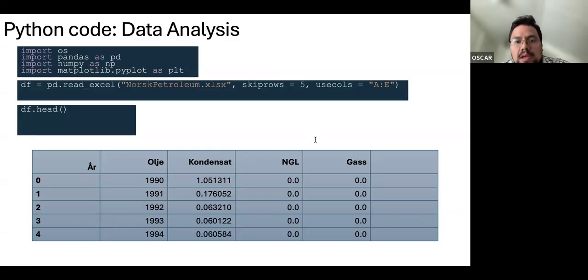So the first step to run our program, we are going to use these libraries: OS, Pandas, NumPy, and Matplotlib PyPlot. So the first step is that we are going to download, in my case, I have already the Excel file in the notebook.